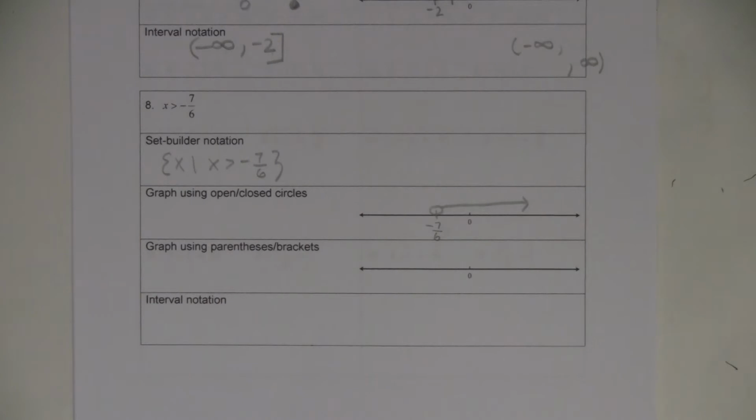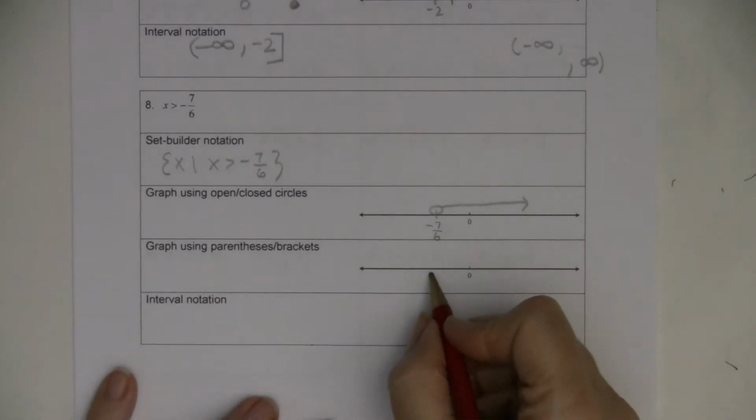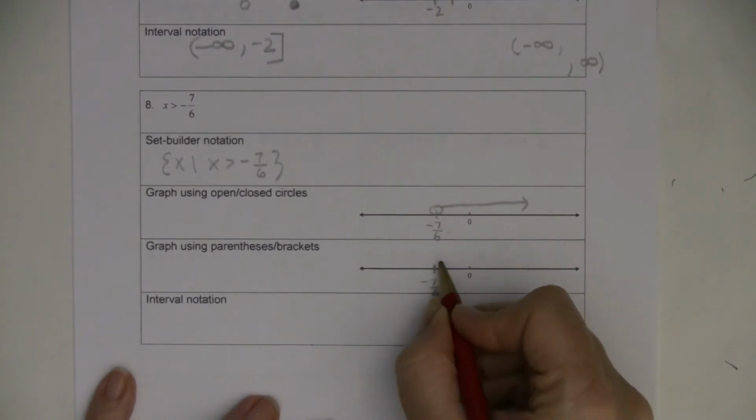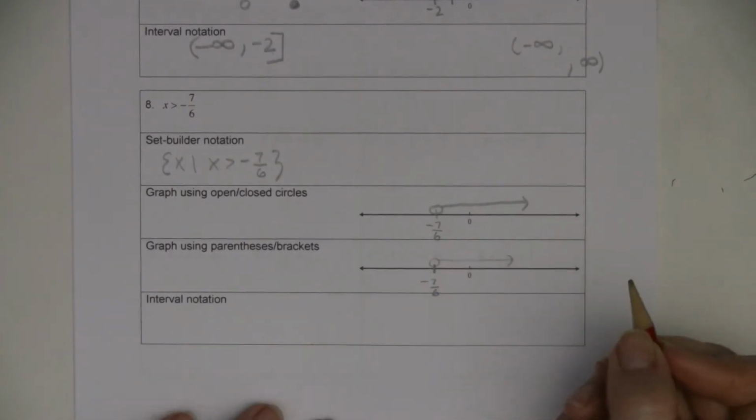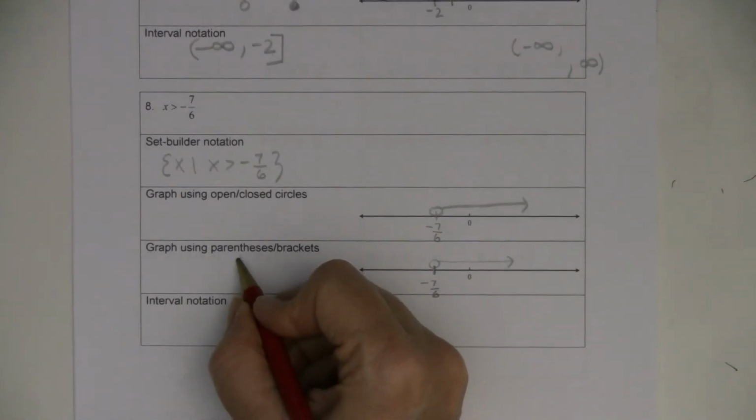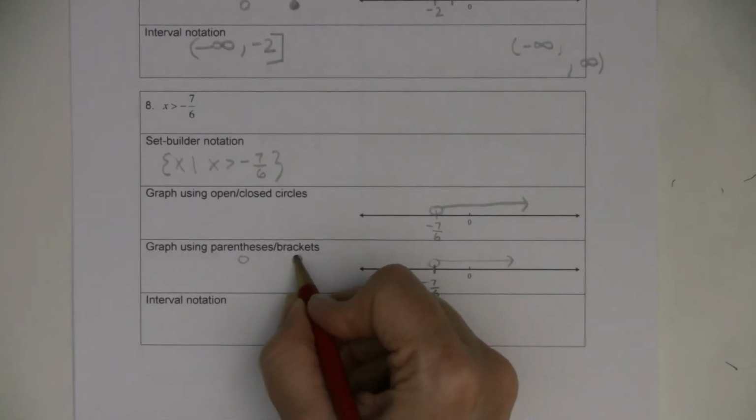Okay. And with parentheses and brackets, all that you do is you change out that open circle that you had. Parentheses go with open circle and brackets go with closed circle.